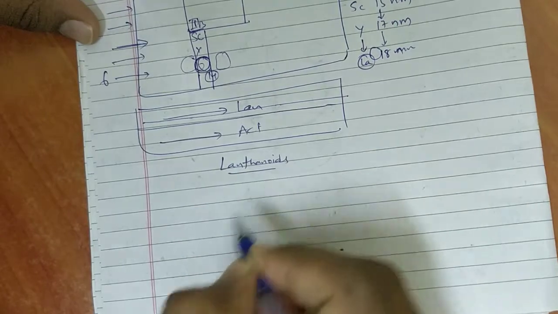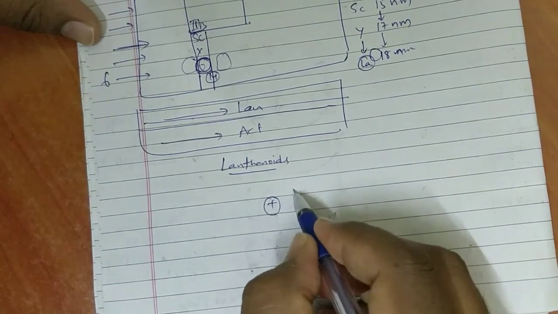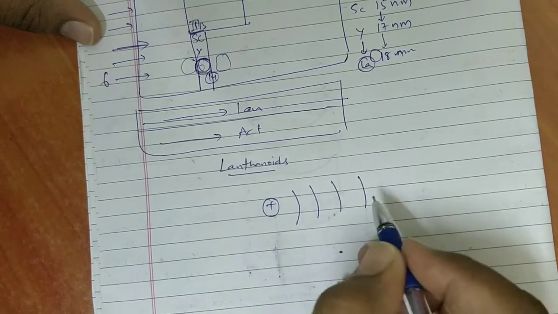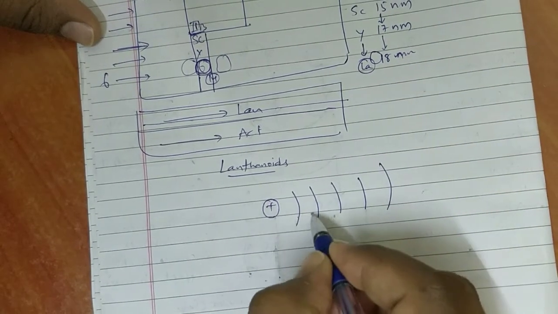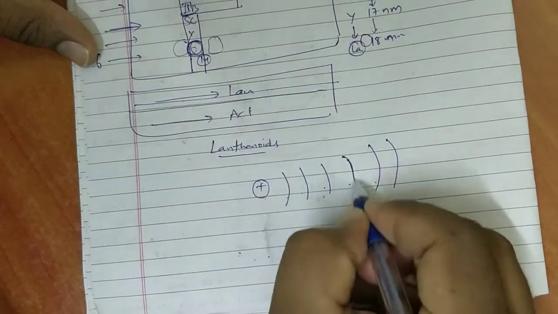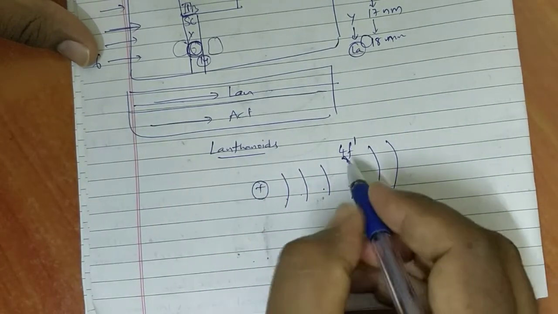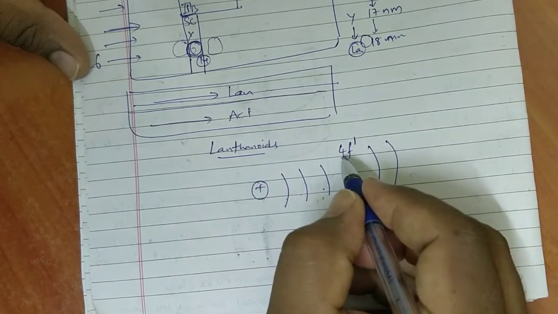In lanthanides, electrons are present in 4f. First lanthanide contains 4f1, for example.